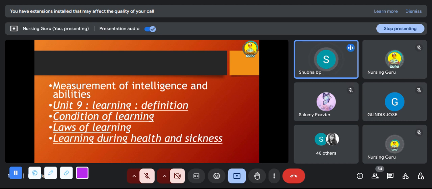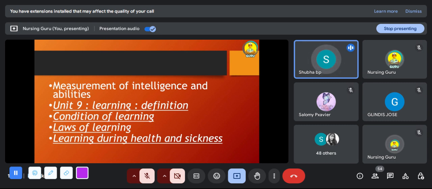And coming to the next one, unit 9. In unit 9, the long essay question that may be expected is learning. Okay, so if they ask for a 15 mark long essay, define learning, they may ask conditions of learning or characteristics of learning, loss of learning, and learning during health and sickness.